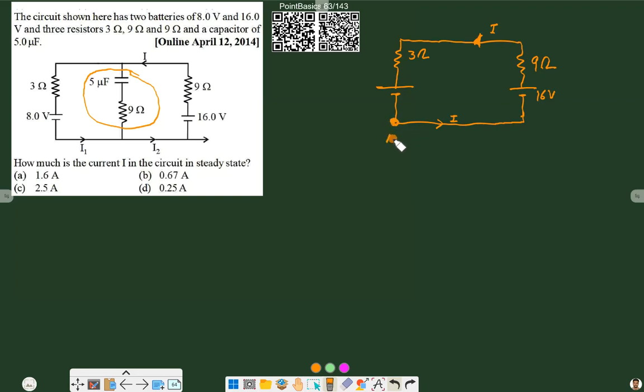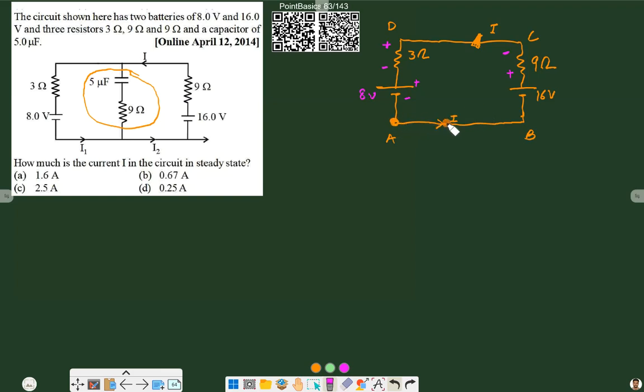So let's start. This is point A, B, C, D. As the direction of current is this, for this resistance this will be the positive terminal and this will be negative. For the battery, this is positive, negative, and the 8 volt battery. And for this resistance, this is the positive point and this is the negative point.